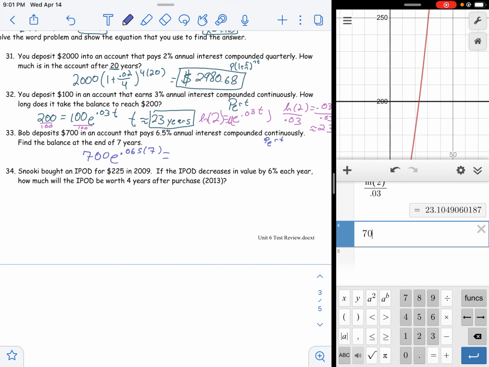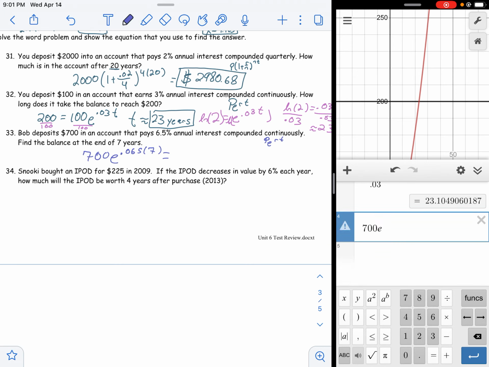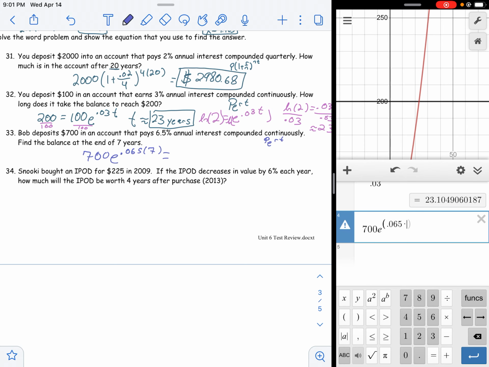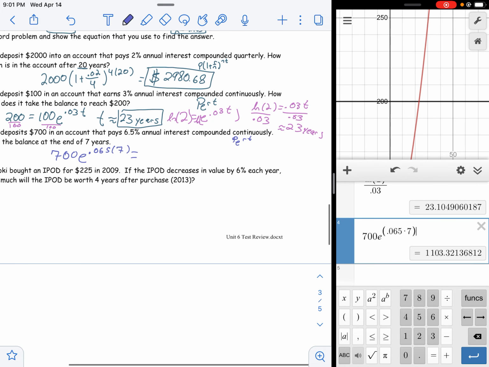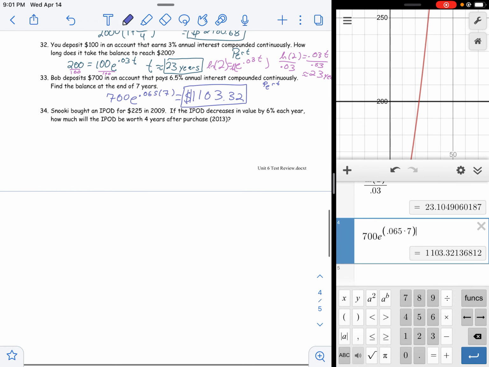This one's a little bit nicer because we can just plug it straight in. 700 e raised to the, need to put that in parentheses, 0.065, and then times 7. Close that parentheses. That's going to give us 1103.32. And again, this is all money, so we'll just put that money sign there.